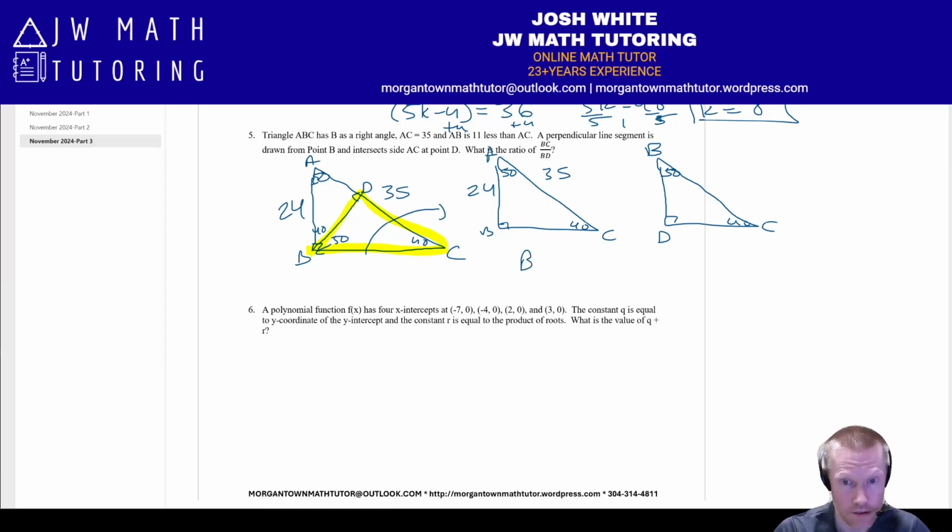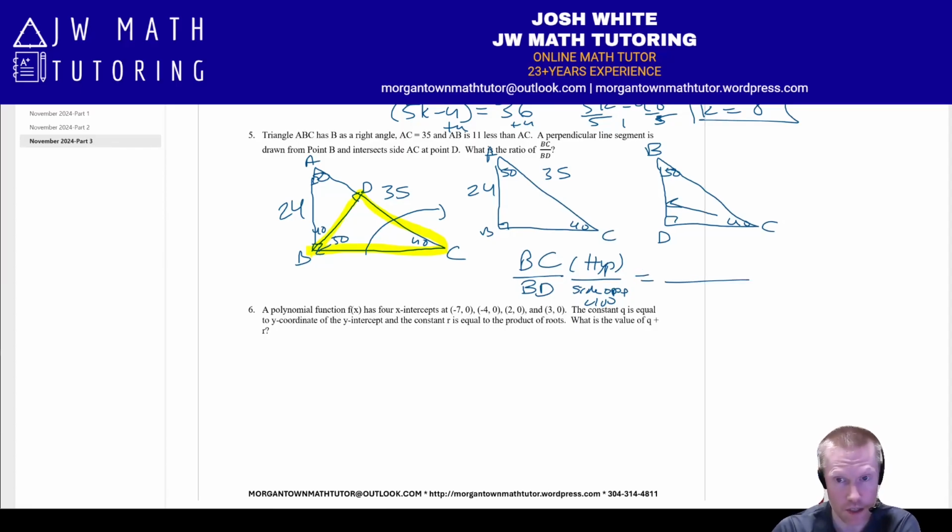So BC to BD, basically hypotenuse, which is BC, to, I'm just going to call it the side opposite 40, opposite the 40-degree angle, right here.